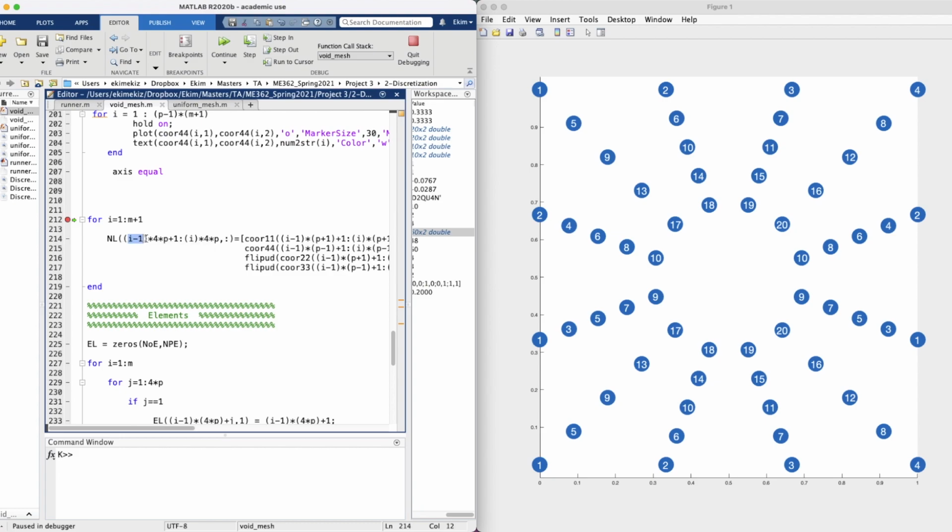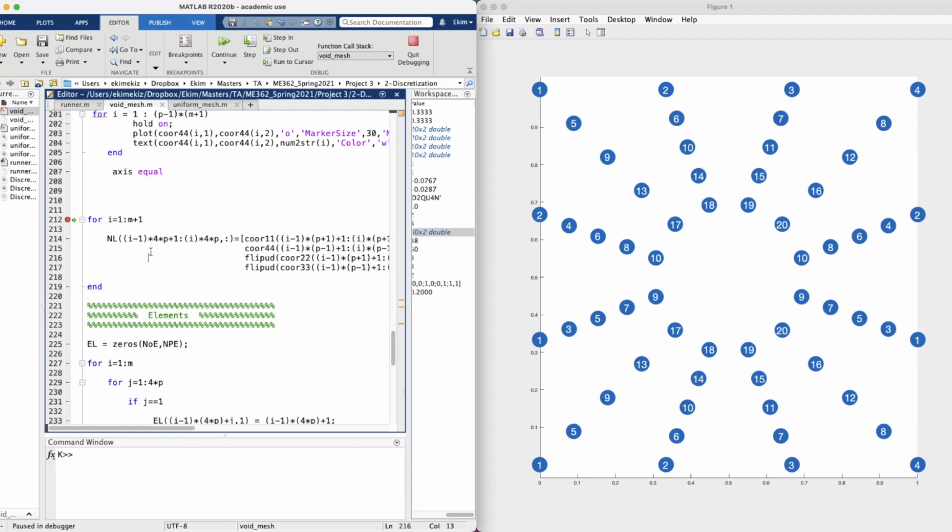So, well, let's see. This is I minus 1 times 4 times p plus 1. What is that? Remember I said that this is like the uniform mesh. It's just that it now has 4p as its increments along its width. So that's why we have 4p here.